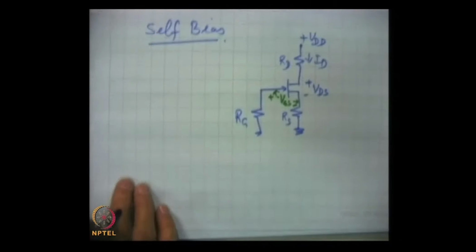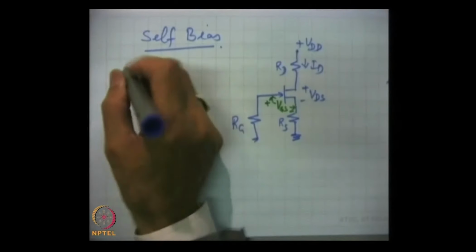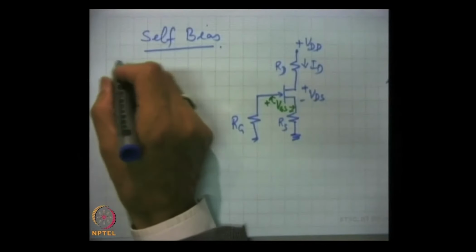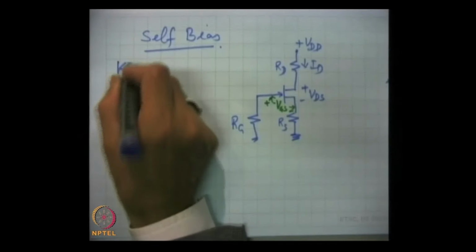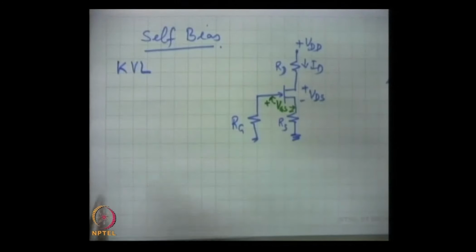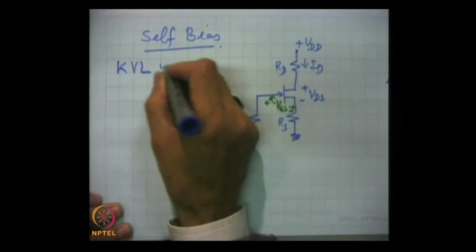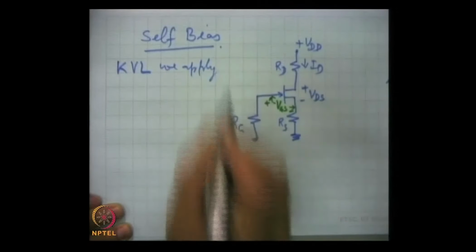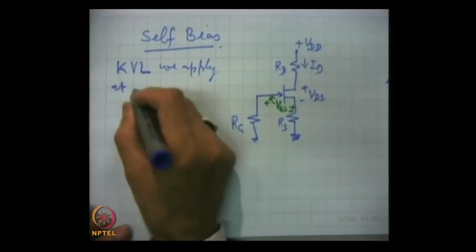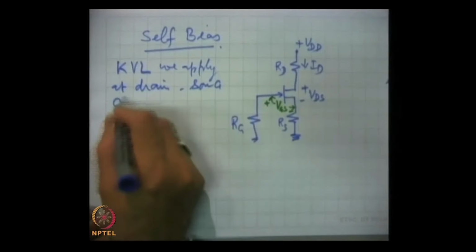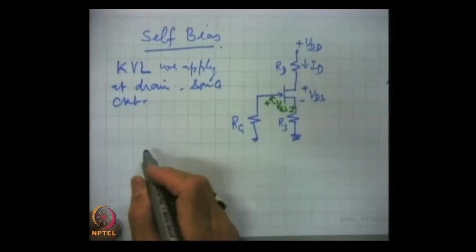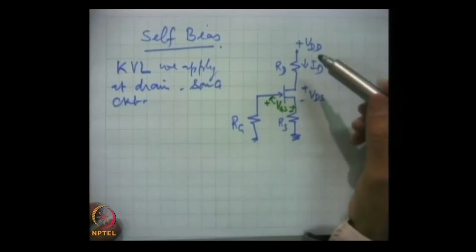And so, actually we can write a voltage summation at the output circuit, drain, source. Kirchhoff's voltage law we apply at the drain source circuit, and we get this summation.